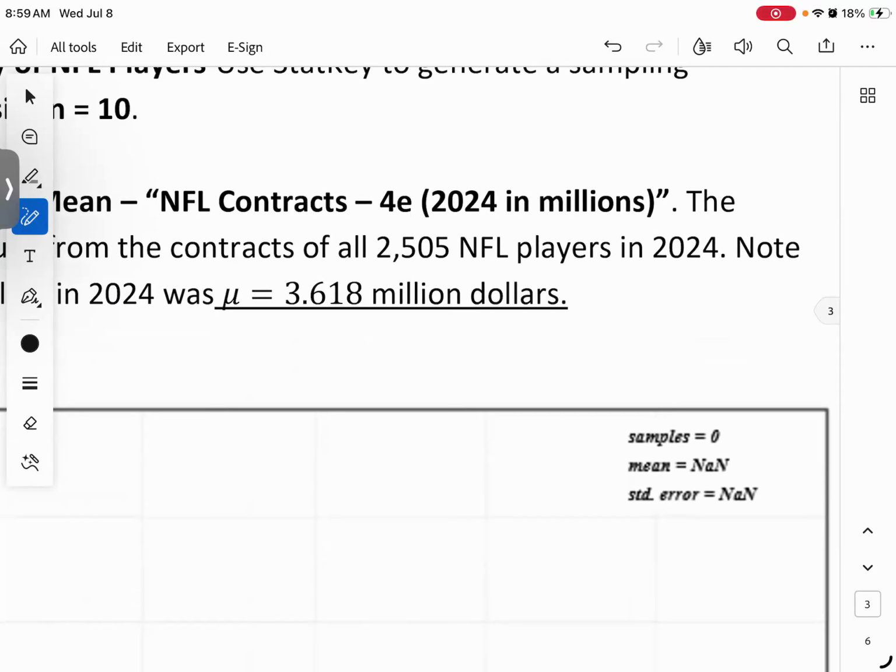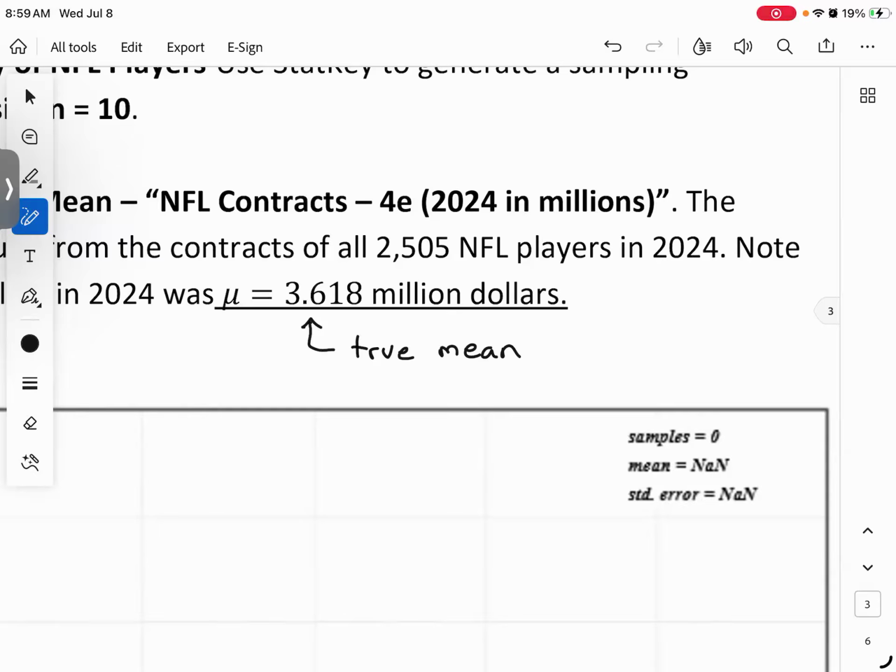And the average came out to be a little bit over $3.6 million. And this right here is the truth. This was the true mean, or the true average. So no guessing. That is the actual solid hardcore truth. It was about 3.6, or a little bit over $3.6 million.